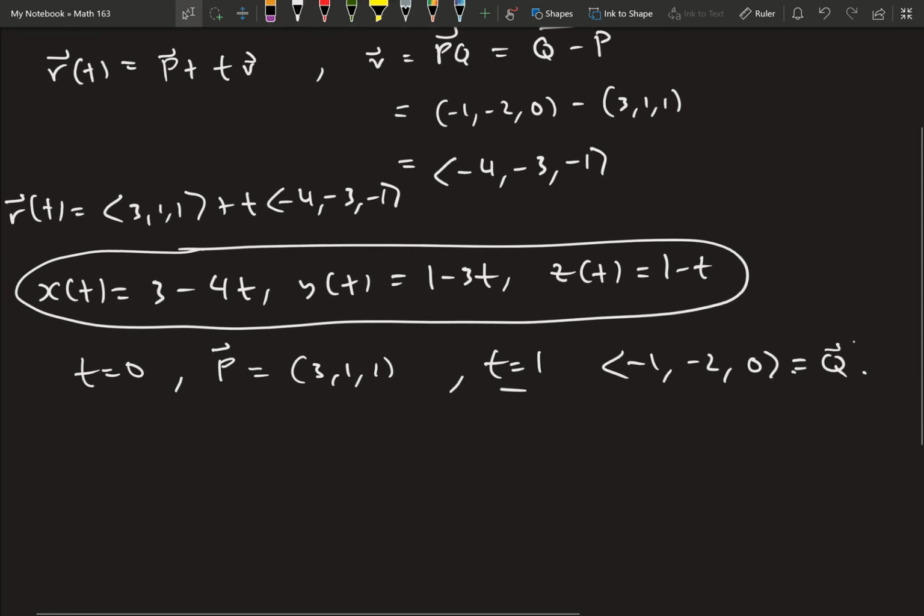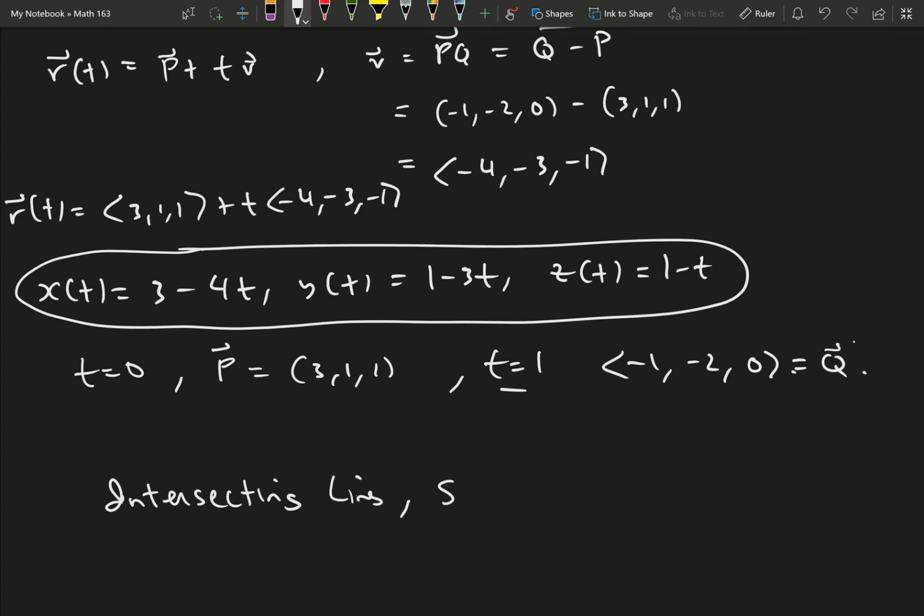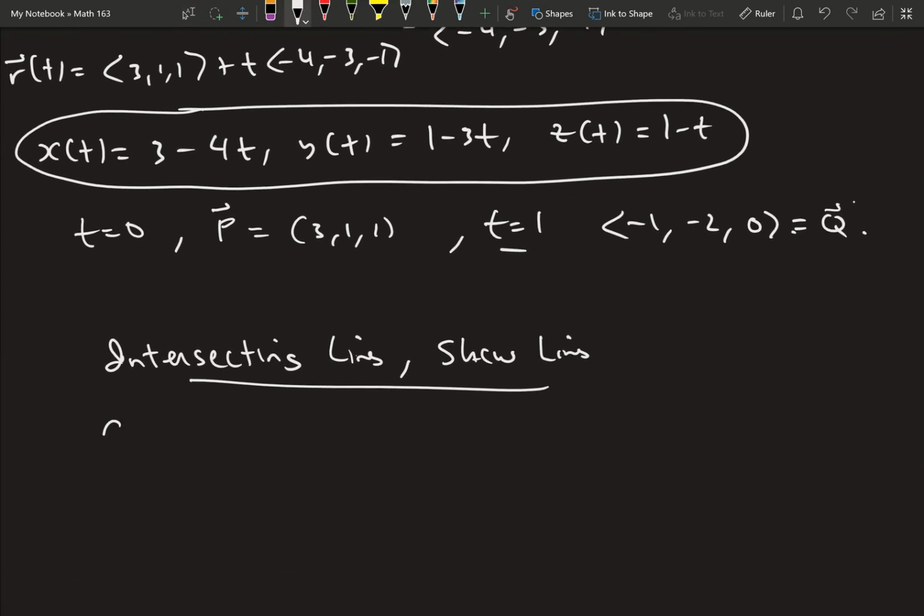Okay, we're going to talk a little bit about intersecting lines and skew lines. So pretty much, if you're given any two lines in R3, there's a couple of possibilities.